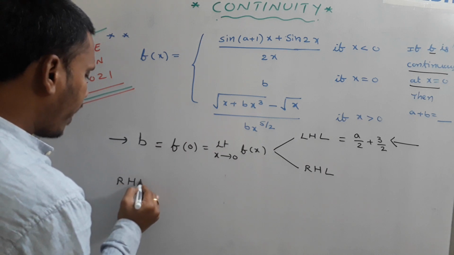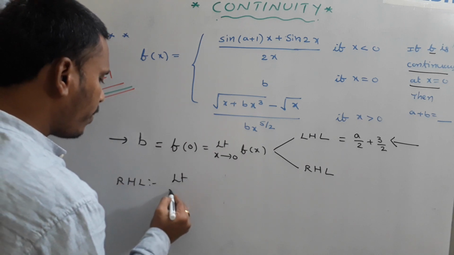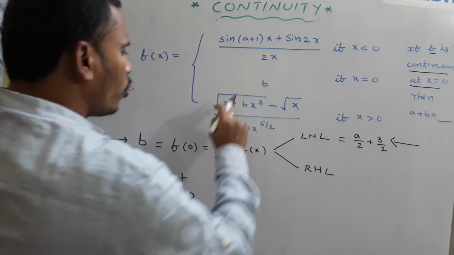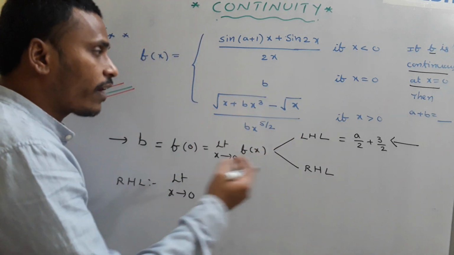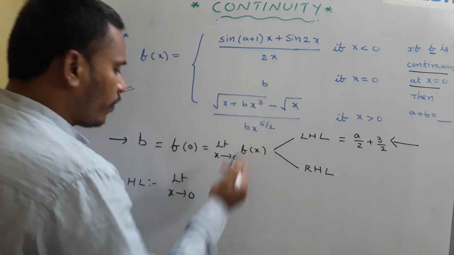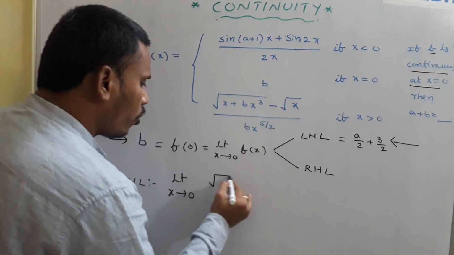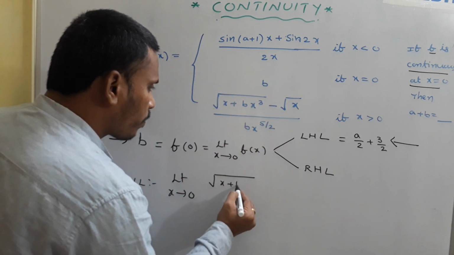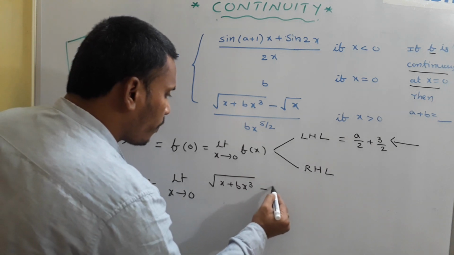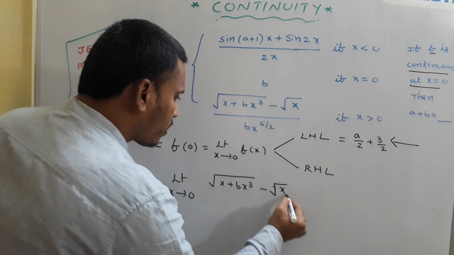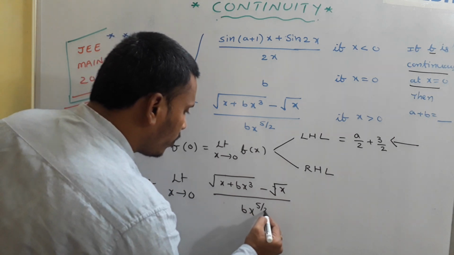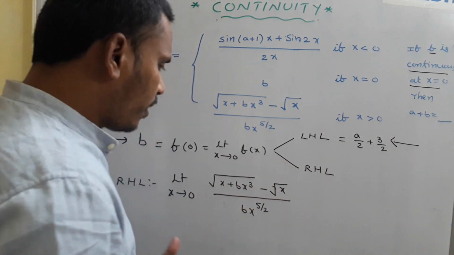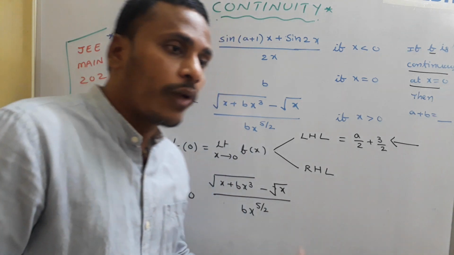Okay, right hand limit. For the right hand limit, as x tends to 0, use this definition. Right hand limit in the sense x is greater than 0, so we need to use this definition. So the limit as x tends to 0 of root of (x plus bx cube) minus root x, divided by bx power 5 by 2. To find this limit value, I am just going to rationalize this.